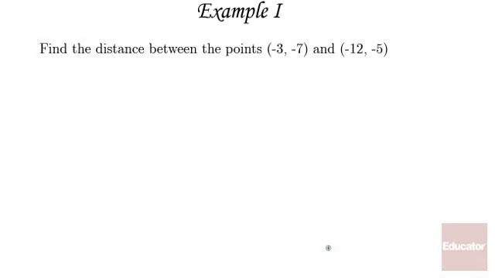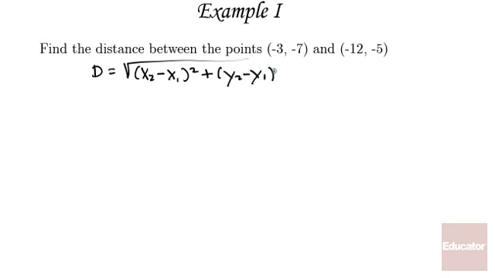In our first example, we're going to do a simple application of the distance formula. So recall that the formula is the distance equals the square root of x2 minus x1 squared plus y2 minus y1 squared.